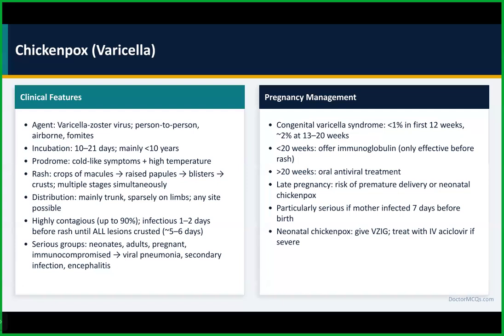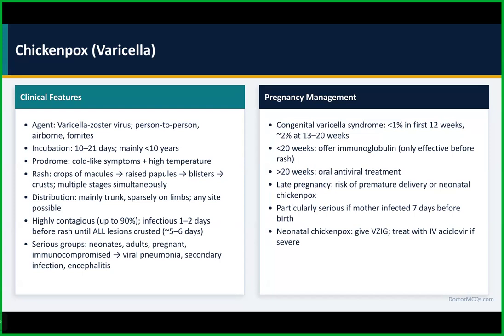Again, the prodrome includes cold-like symptoms, but with high temperature instead of low temperature. The rash will be there, like drops of macules, sometimes raised papules, sometimes changing into blisters, but what's important is that it is very itchy in nature. It also can cause crusting, but once crusting happens, the patient is recovering and is no more infectious.